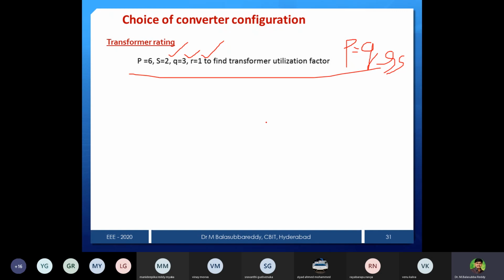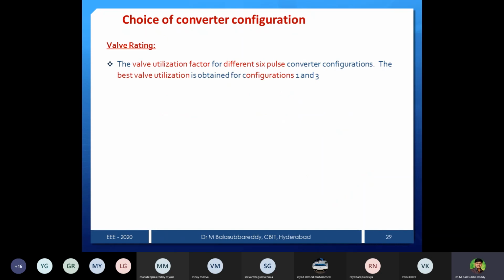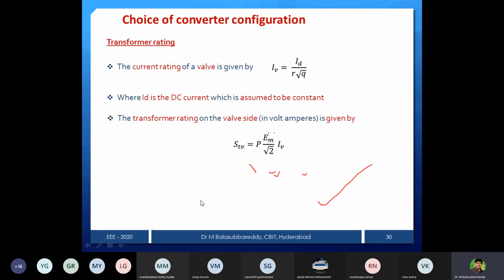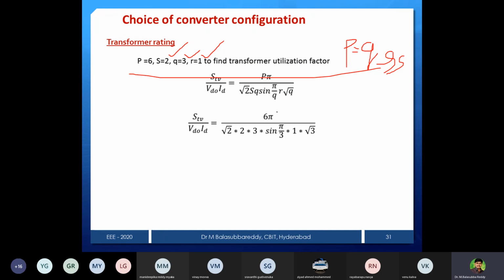Then what is the transformer utilization factor? Previously we observed the valve utilization factor, the same ratio. We discussed one statement previously, just see this. Yes, so the valve utilization factor is peak inverse voltage by VD naught. Similarly, in this case, the transformer utilization factor is the rating, that is STV, the transformer rating that we observed, divided by VD naught into ID naught.